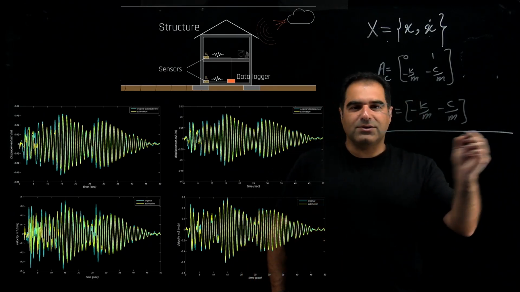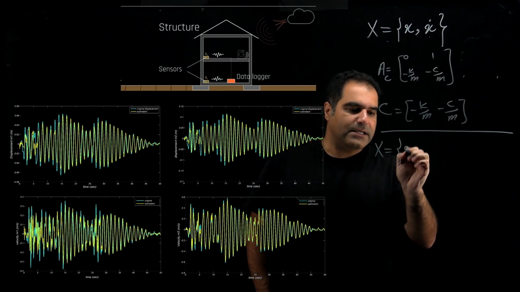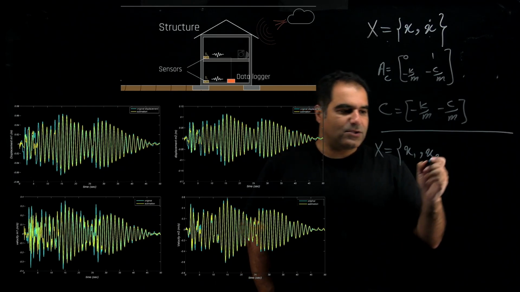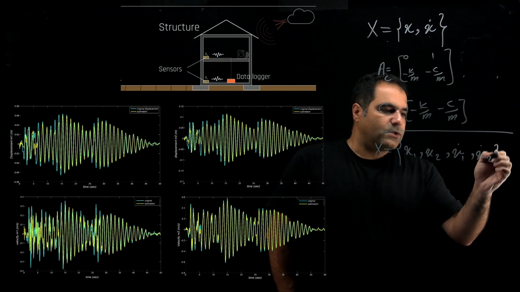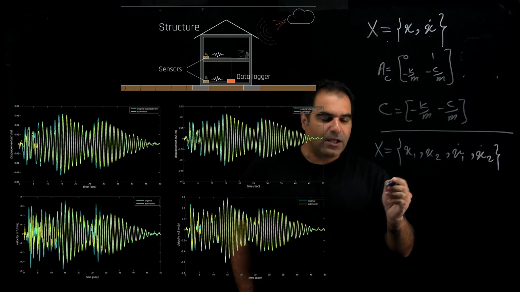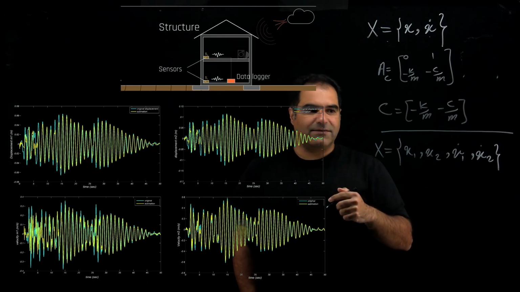For example, you have a two-story building. Your state vector will be x1 and x2, which are the displacement of vibration in floor 1 and 2, and x.1 and x.2, which are the velocity of vibration in floor 1 and floor 2. In this case, you have measurement only in the second floor.